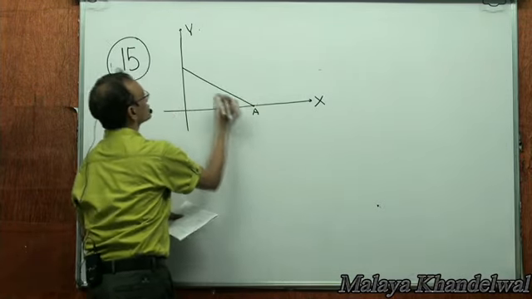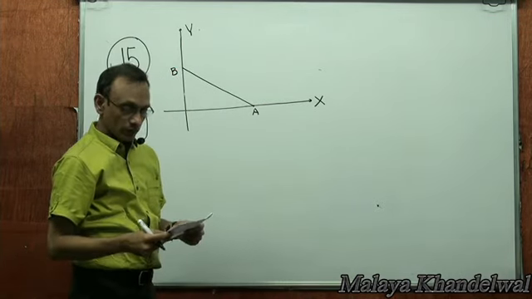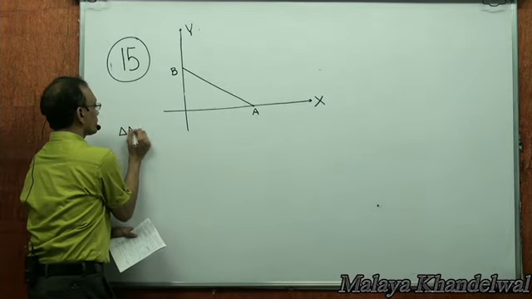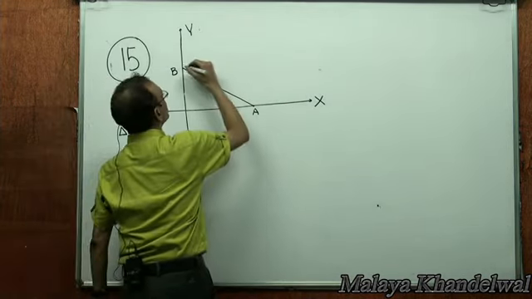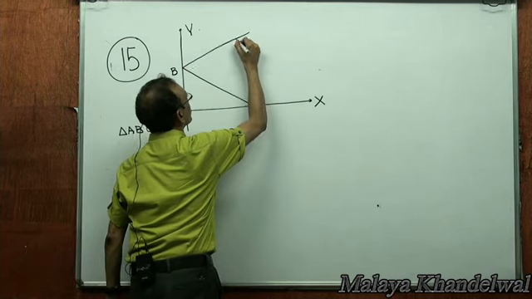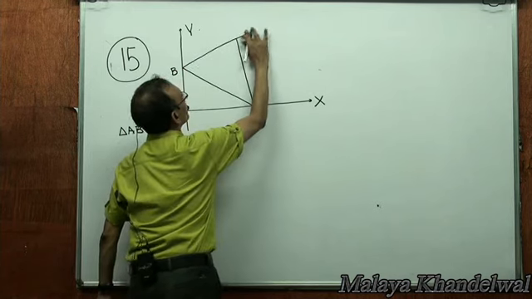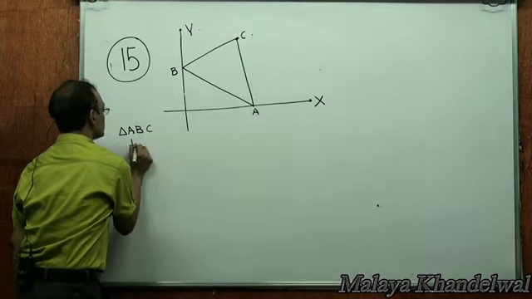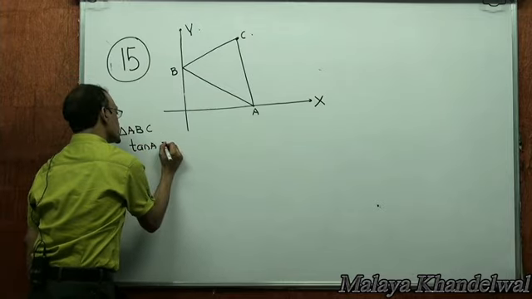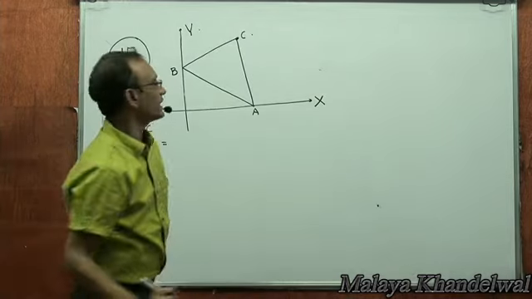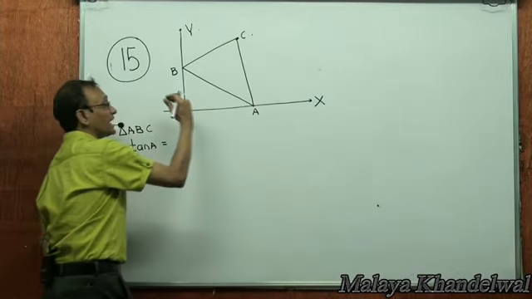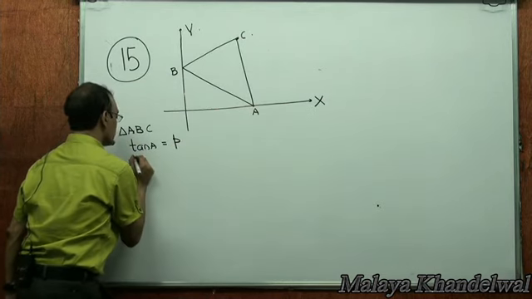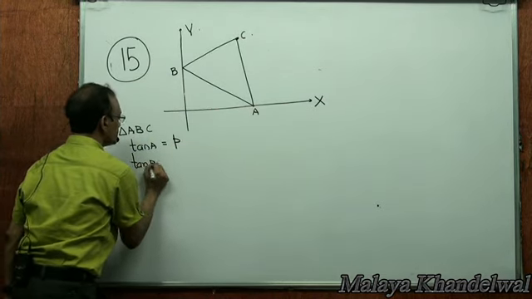There is a side AB of a triangle, the triangle is triangle ABC, which slides in a manner that, of course, it's not sliding in any manner. All that I'm saying is, it's sliding but not according to this condition: tan A is given to be P, tan B is given to be 1 by P.